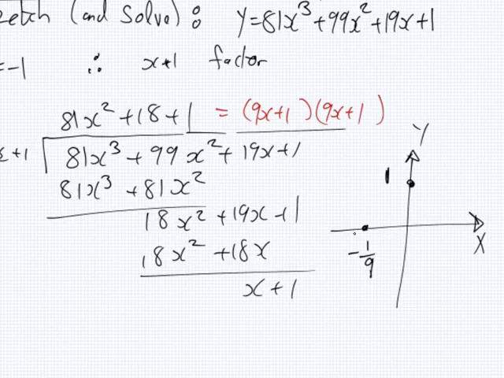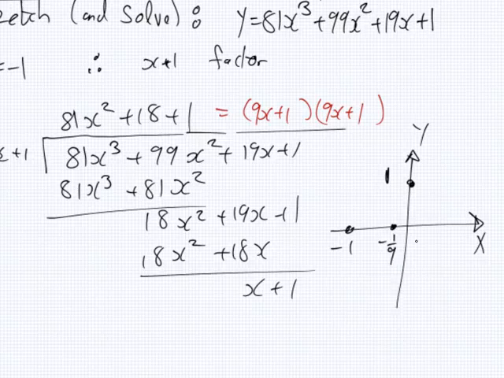So what does that actually mean? Well, remember the graph still has to go... Oh, and I'm sorry, what was the other one? Minus 1. Let me just move them a little bit. Minus 1 and minus 1 over 9. So it meets here twice, which kind of means that it doesn't go below it.